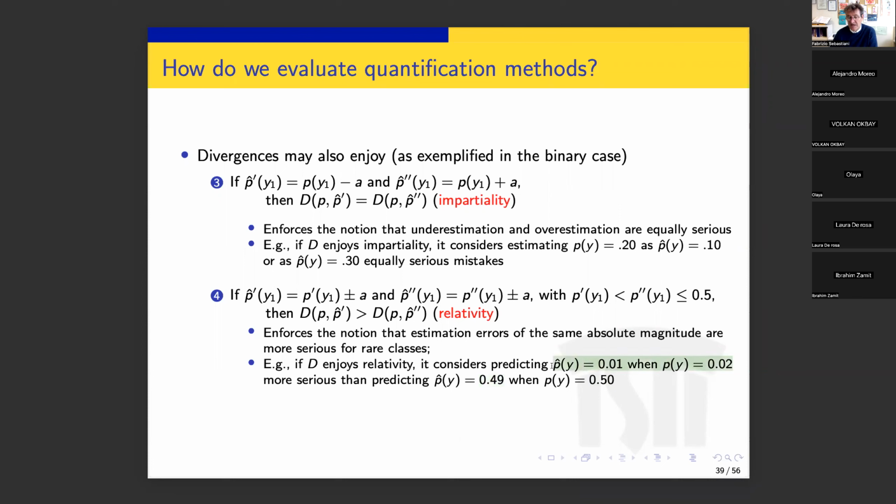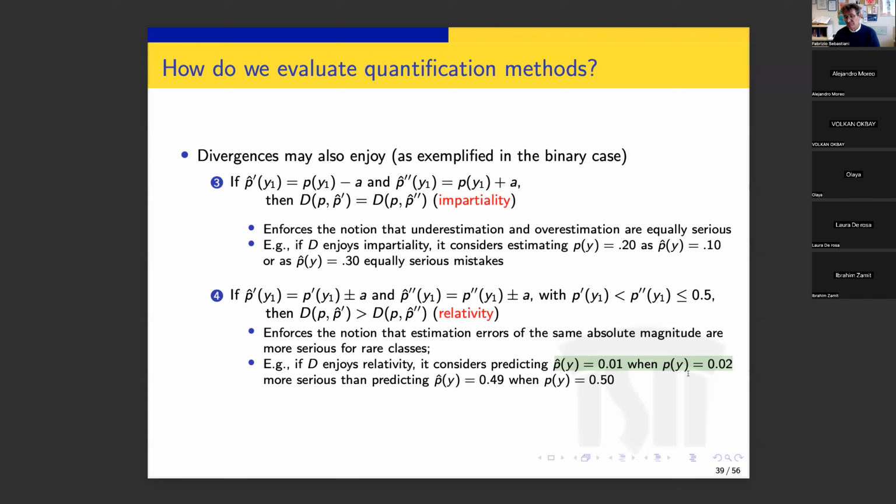Which of these two mistakes is more serious? Is this mistake more serious than this mistake, or are they the same? If this mistake is considered more serious than the other, we say that the divergence enjoys relativity, because it enforces the notion that estimation errors of a given absolute magnitude are more serious for rare classes. Suppose that we are talking about estimating the prevalence of a rare disease.